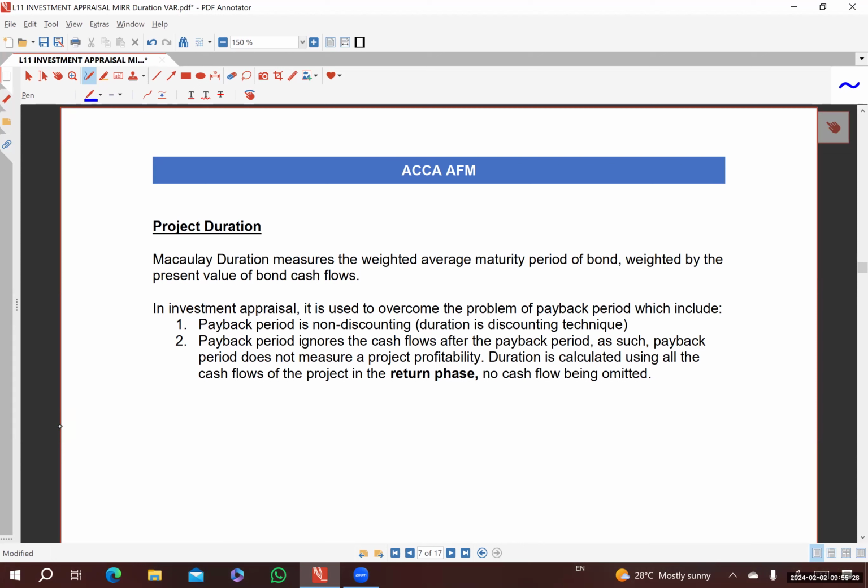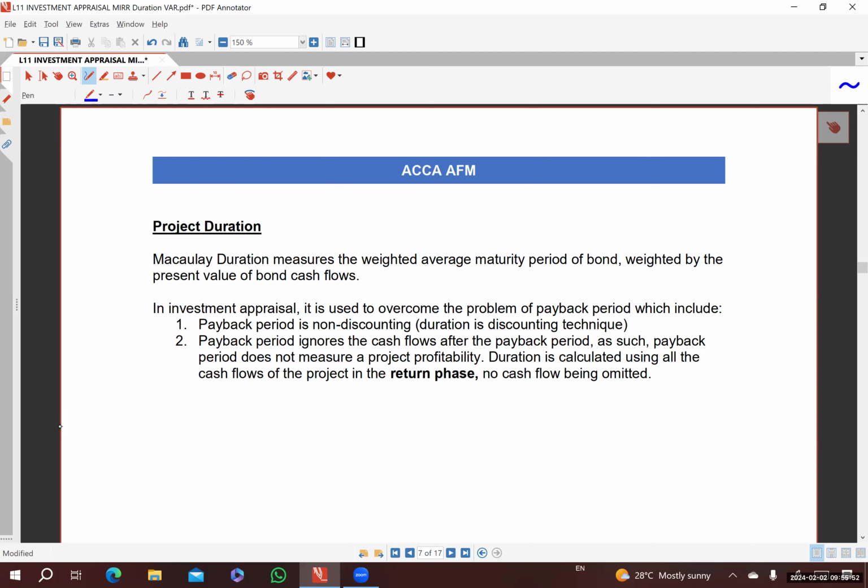Duration is a measurement in years, a weighted average year. In investment appraisal, one measurement that measures time is payback period: the project pays back in 3 years, in 4 years. So duration can be used to replace payback period.